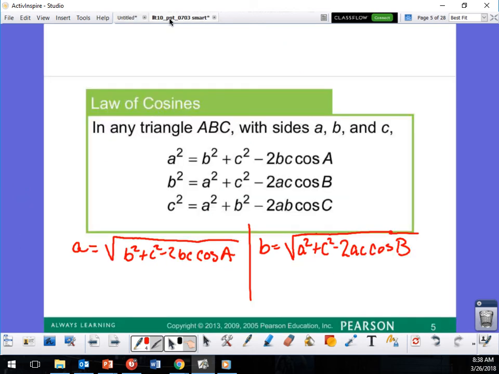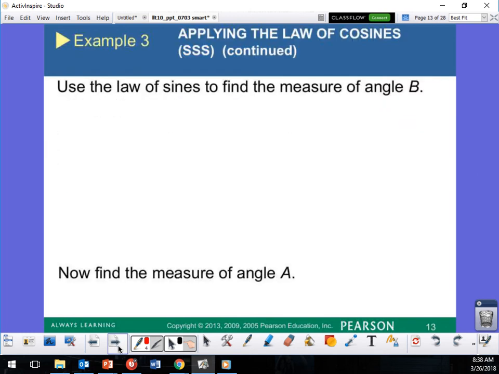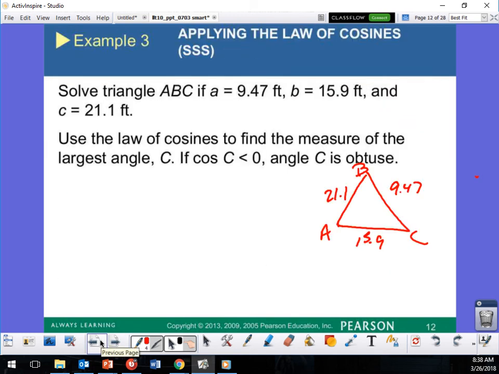So now I have this. If I'm solving for A, I would say A equals inverse cosine of A squared minus B squared minus C squared over negative 2BC.